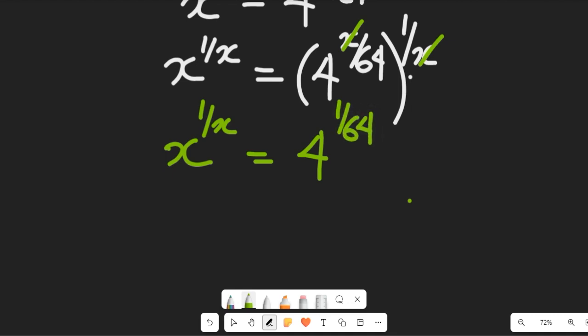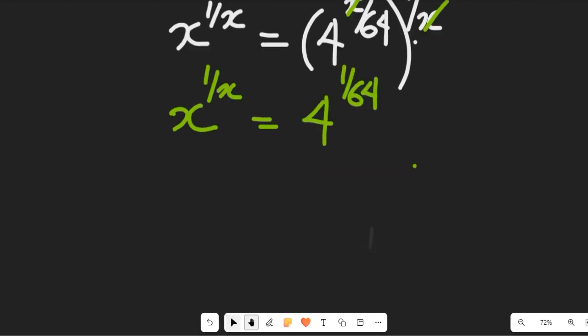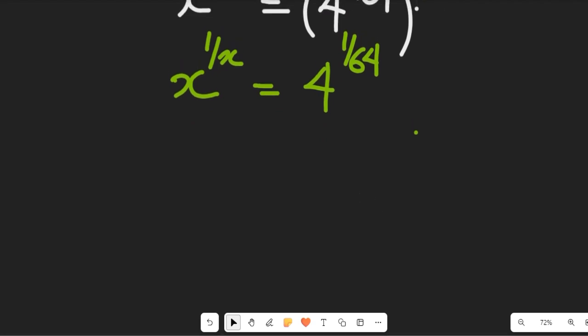Great. So what do we do in the next step? I'm going to see how I will make it in such a way that we have the same base and same power in the expression. So how do I do that? To accomplish that, I'm going to put in an assumption.